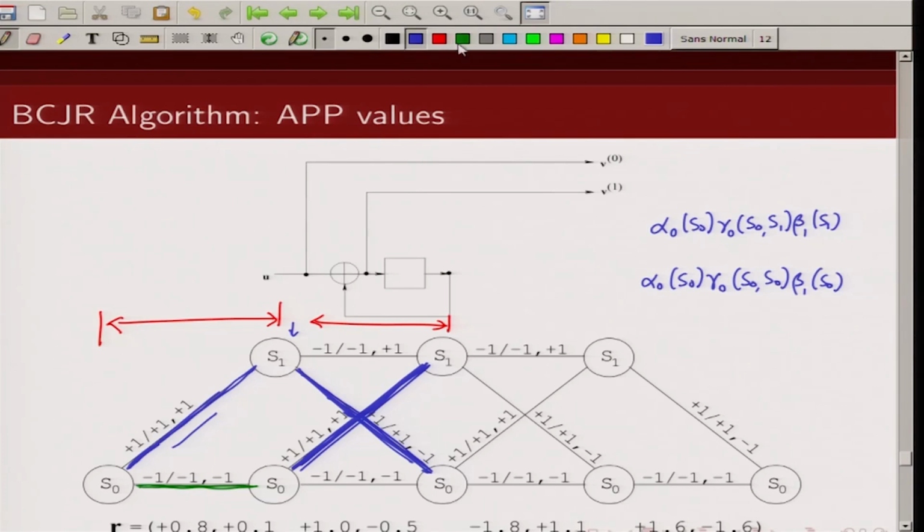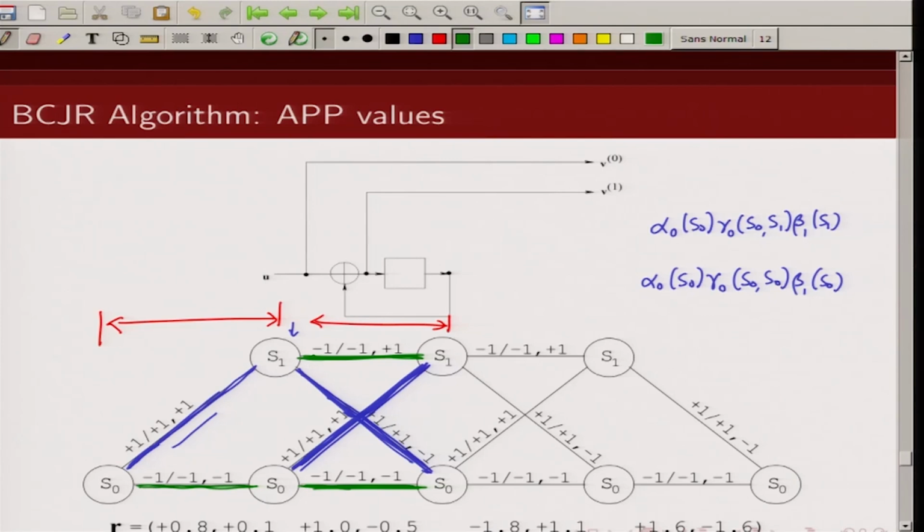Similarly, in the denominator, you need to look at what the valid transitions corresponding to UL minus 1 are. One of them is this, and the second one is this. So, in the denominator also you will have two terms, one corresponding to each transition.